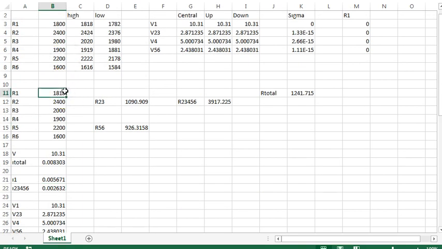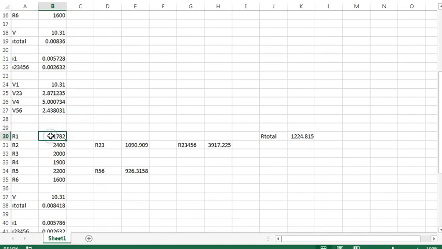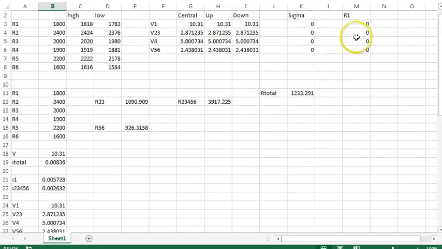All right, so I'm going to go back to 1800 on both of these and 1800 here. Now, if we were measuring the currents, we would get a different thing, but we're not. We're measuring the voltages. Okay, so now 2200, 2400, 2400, and 2376.